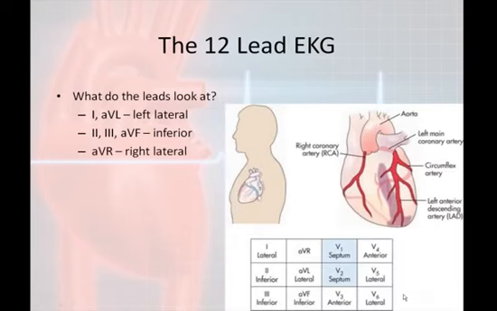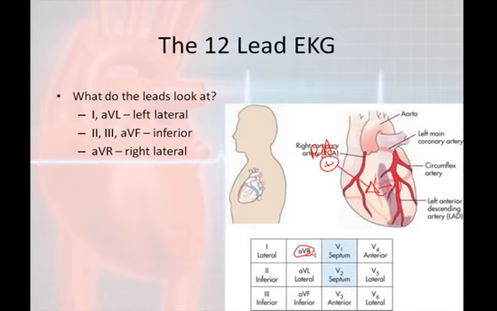AVR is actually right lateral, and the main reason that we have an AVR really is to confirm that the electrical conduction is going in the proper direction. Because AVR is a unipolar lead, you have a positive electrode up here on the right arm. The heart is the negative, the central terminal. You're looking in this direction.